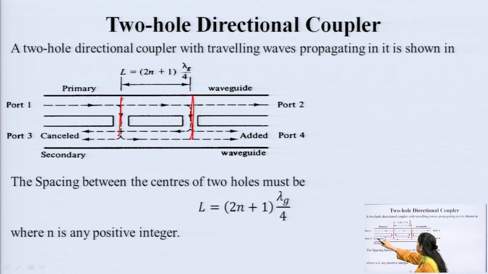Power is given to port 1, and accordingly somewhere there is the same phase and somewhere it is opposite phase, and according to that it is decided whether the power will appear at one port and get cancelled at the other port.